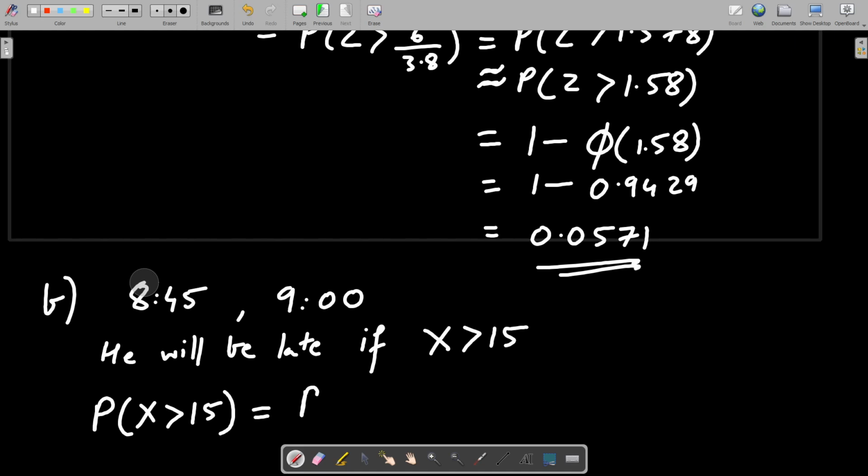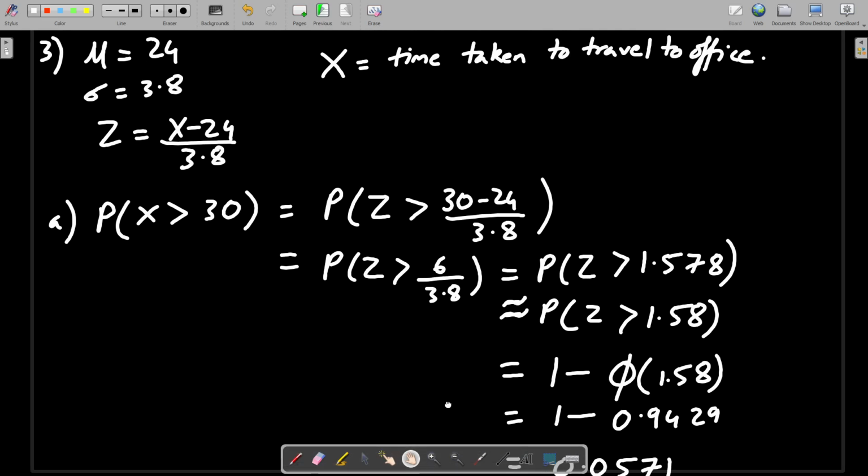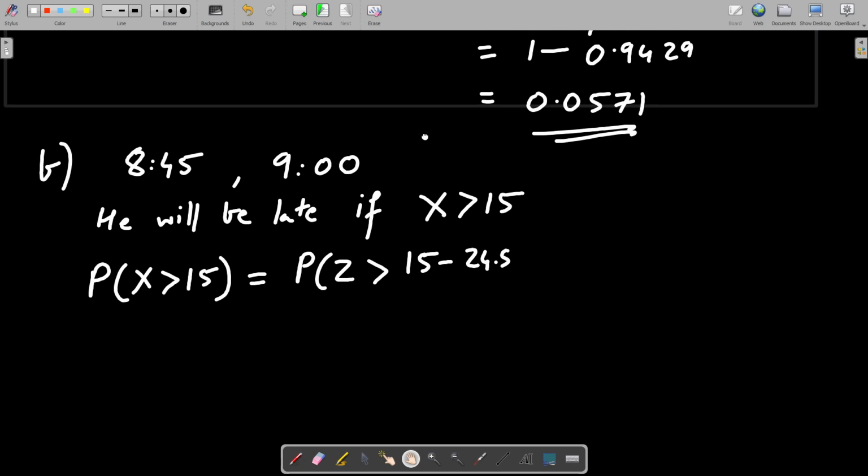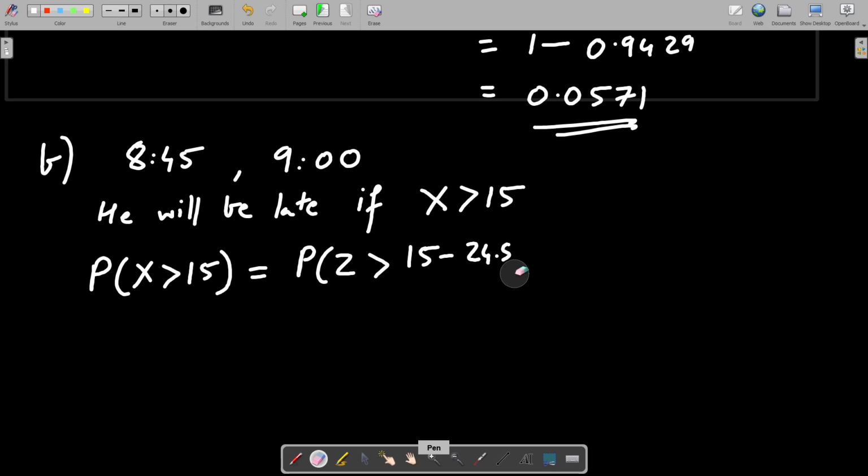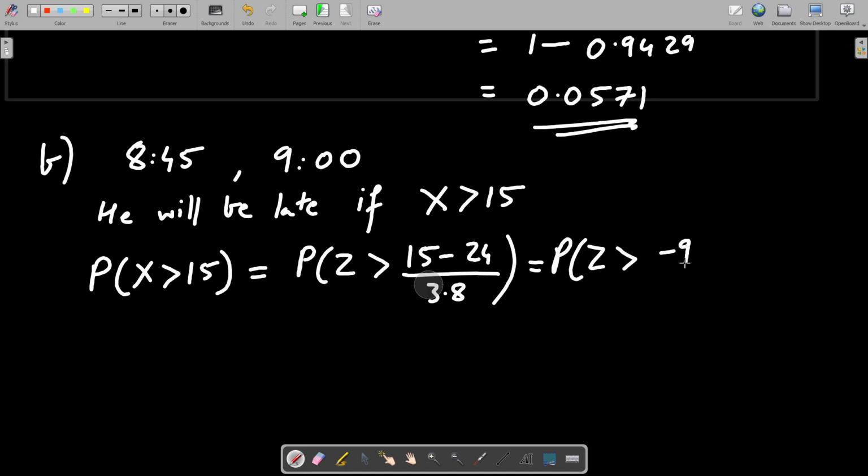So this will become probability of z greater than 15 minus 24. It's 24, no? 24. Minus 9 upon 3.8.